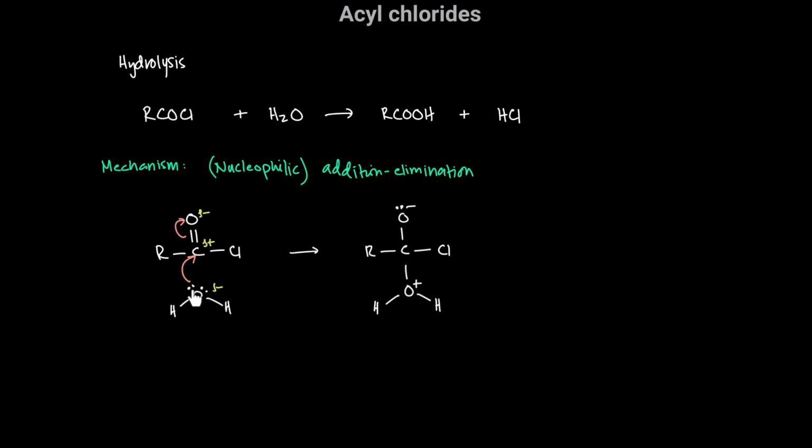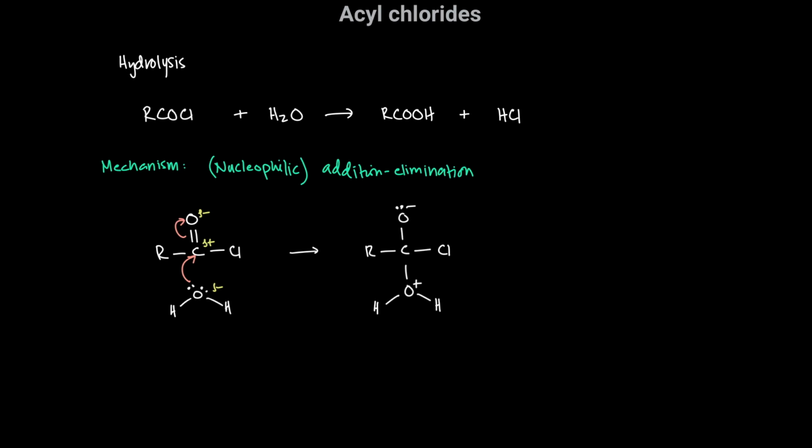This oxygen had a lone pair of electrons, and when it formed a bond with this carbon, that pair of electrons is now being shared. So in essence, one electron belongs to the carbon and one electron belongs to the oxygen, whereas initially the oxygen had both electrons. So this oxygen has essentially donated one of its electrons to carbon in the bond. Of course, the overall charge is still neutral, because you have a plus and a minus. You have two neutral species reacting with each other, so the intermediate is still neutral.